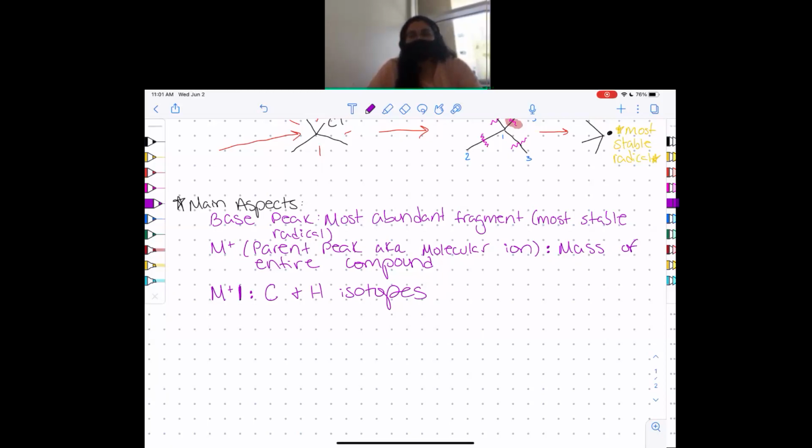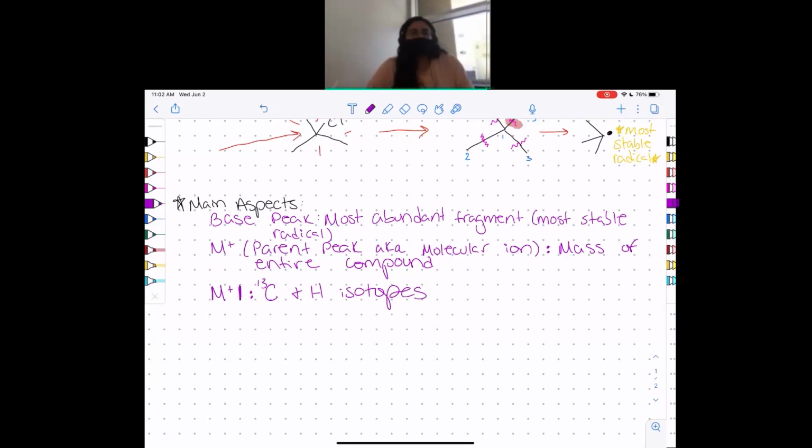What's the most abundant isotope of carbon? Is it carbon 12? Yes, 12. And so what M plus 1 is going to tell us is essentially the carbon 13.